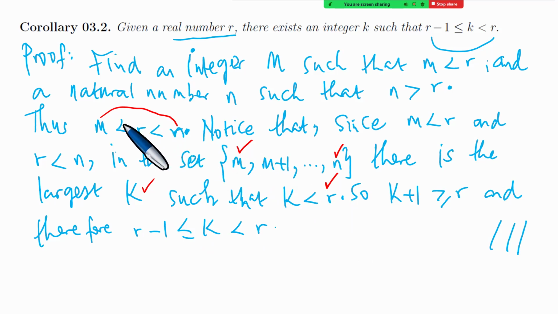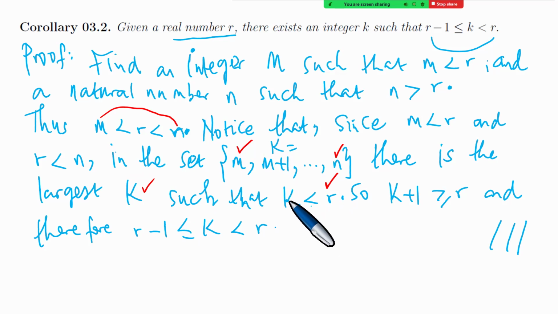These are the values that you have, m plus 1 up to n. So now we want to find a k. We understand that k must come from this set, meaning it can be m plus 1 and m plus 2. So there is a k such that this k is smaller than r. If this k is going to come from this set, the k can be m plus 1, so that m plus 1 is also smaller than r.